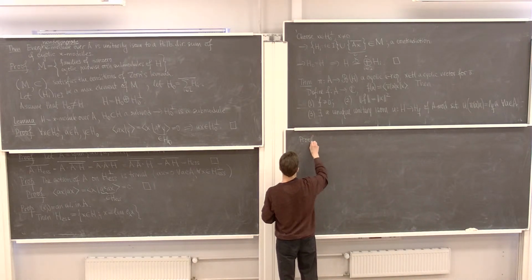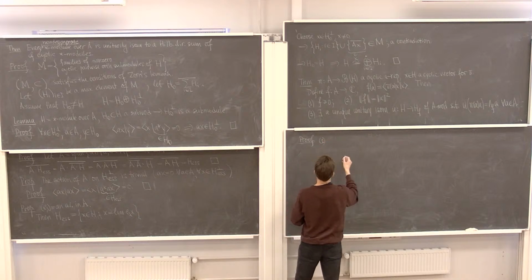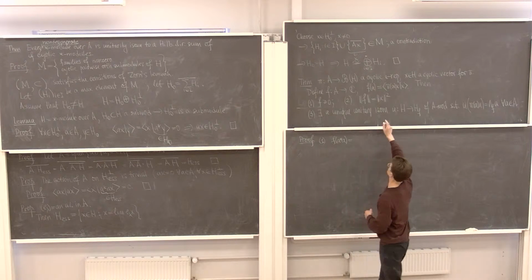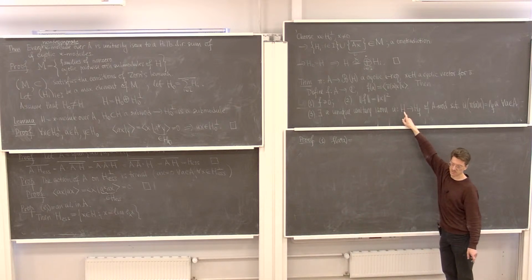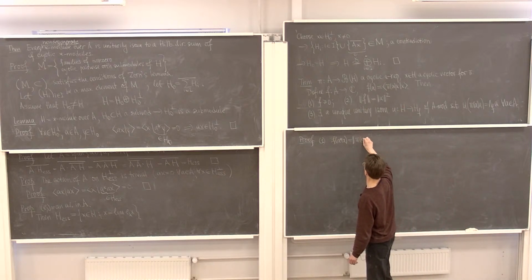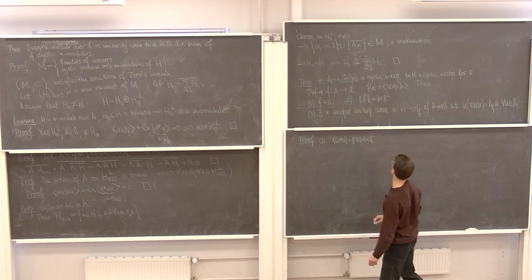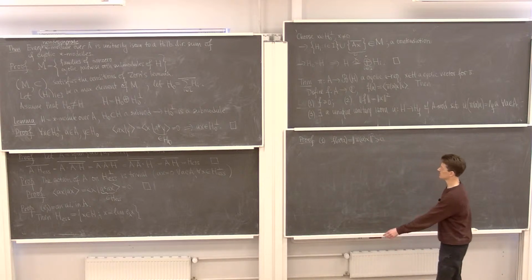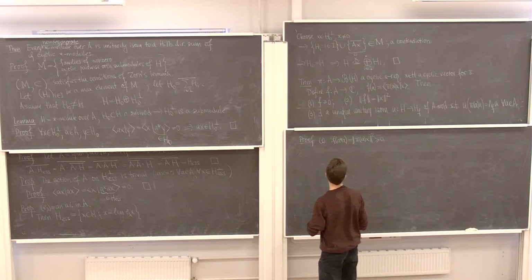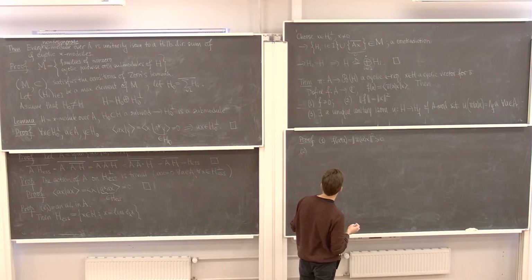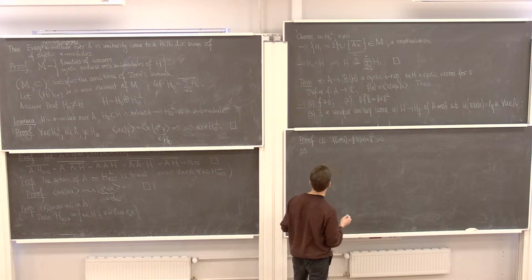Well, part 1 is clear, because if we calculate f of a star a, we substitute a star a there, we move pi of a star from here to here, and we get the norm of pi of a x squared. And this is non-negative. So f is positive. Part 2. Well, clearly, we have the following inequality.